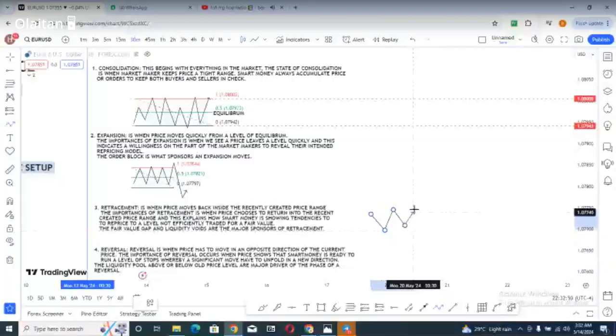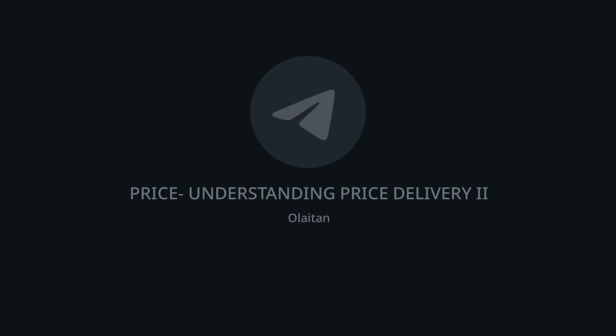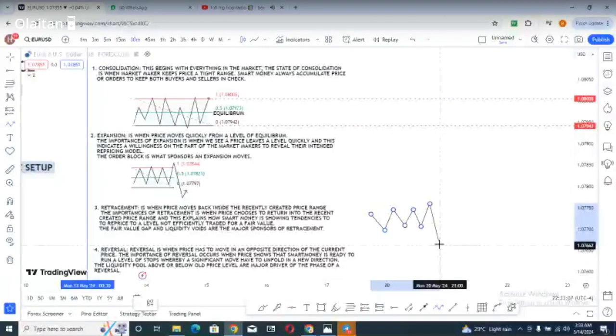You see an expansion to the downside, then this. Okay, I need to do this one more time: an expansion to the downside. So when you see this expansion to the downside, price will create what? An inefficient price action, which I will explain later.